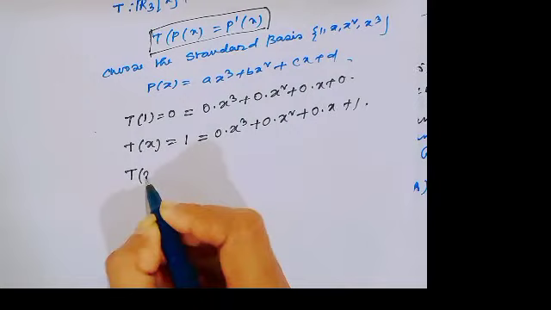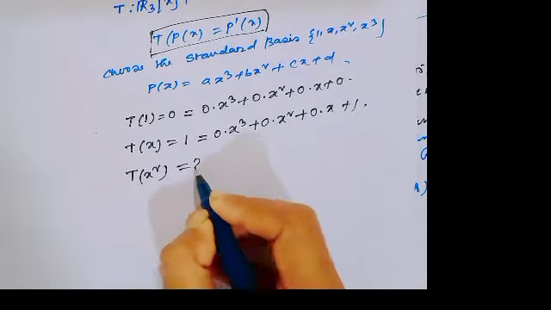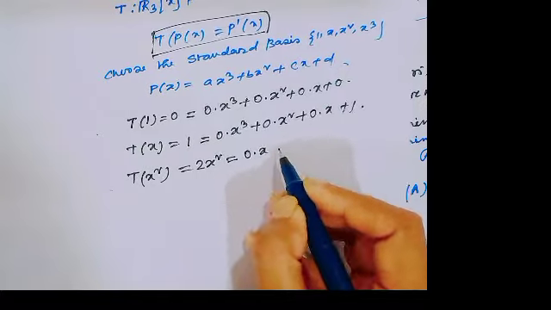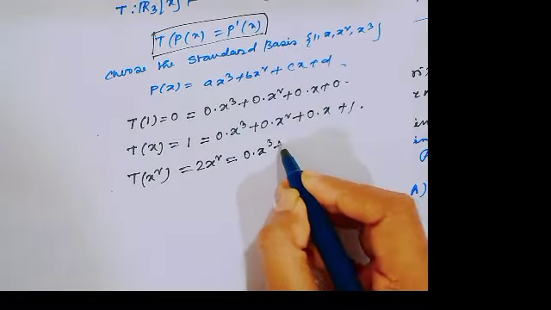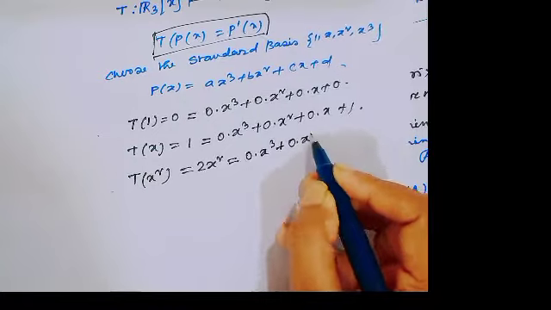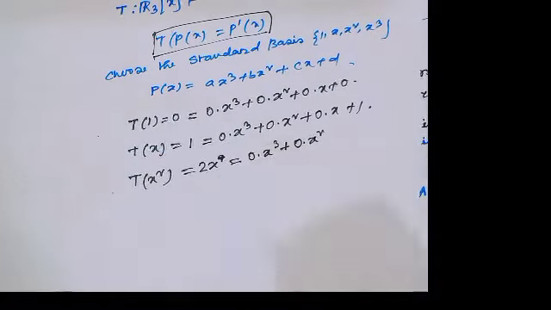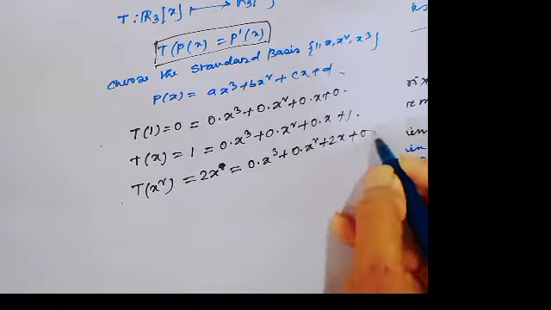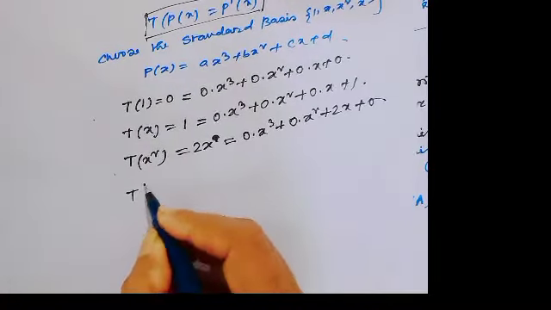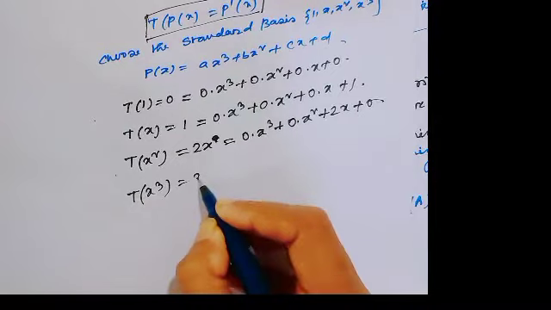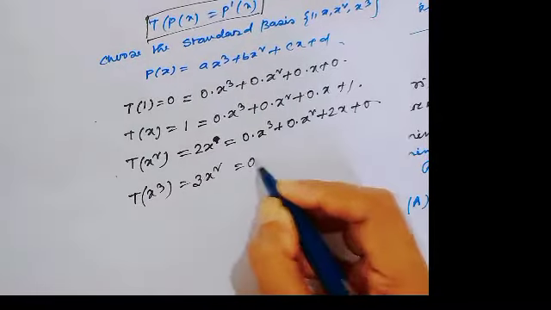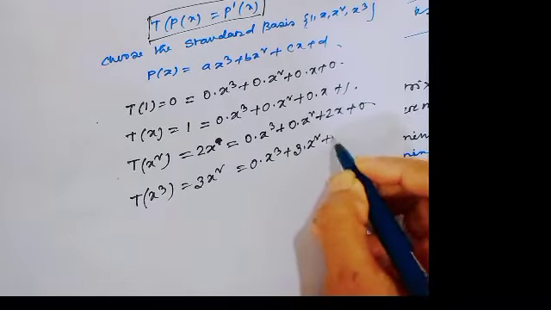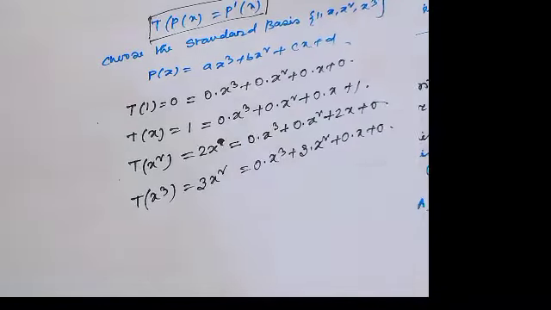And T(x squared) equal to 2x, which is written as 0 times x cube plus 0 times x squared plus 2 times x plus 0. And T(x cube) would be 3x squared, which is written as 0 times x cube plus 3 times x squared plus 0 times x plus 0.